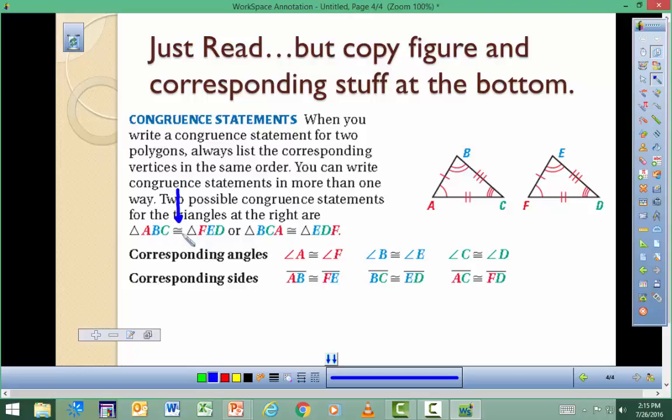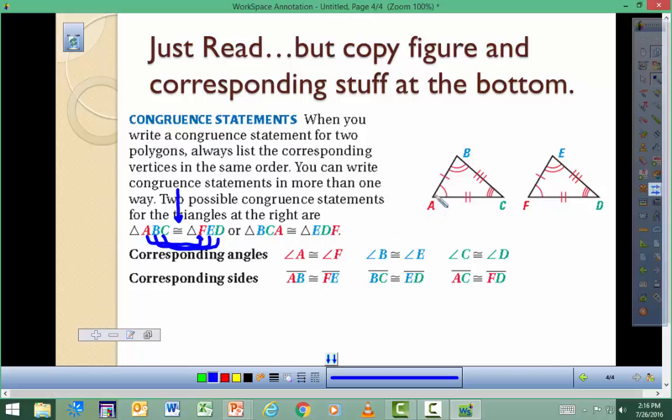As soon as we say two triangles are congruent, we need to make sure that everything matches up. A matches up with F. And so whatever you write first here must be first over here. And whatever is written second must come second. And third must be third. With the two triangles.